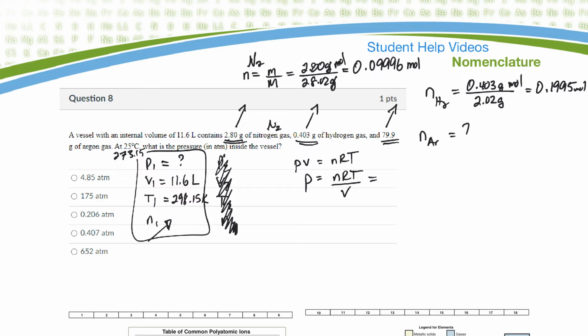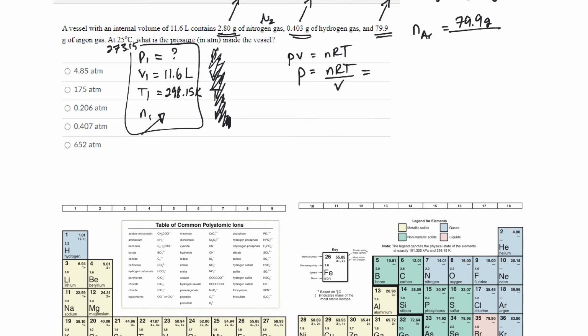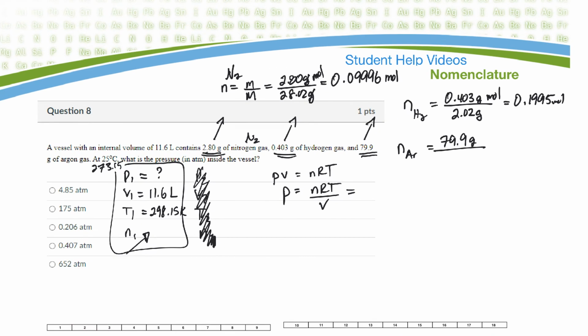And then finally the moles of argon gas will be equal to the mass, 79.9 grams, divided by argon's 39.95 grams per mole. 79.9 divided by 39.95. Oh, it's exactly 2. It's equal to 2 moles.